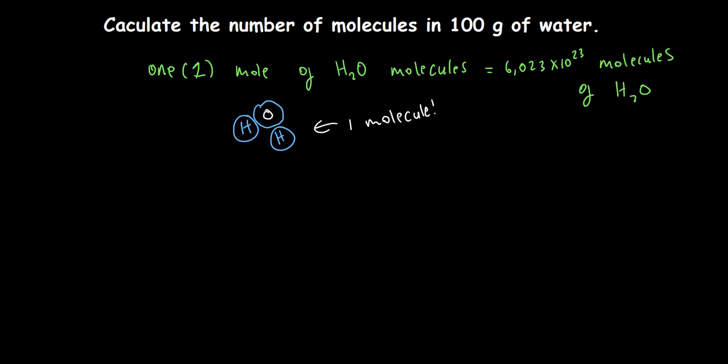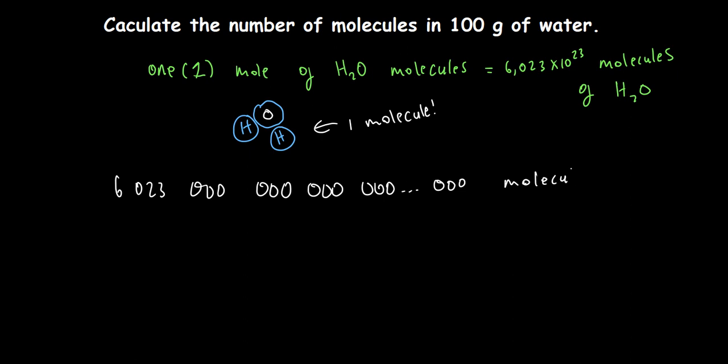So when I'm saying I have 1 mole of H2O molecules, that means I have this number of molecules. It's a lot. It's like 6,023 and then 0,000,000,000,000,000 molecules of water. So you can see that 1 mole is a lot of molecules.